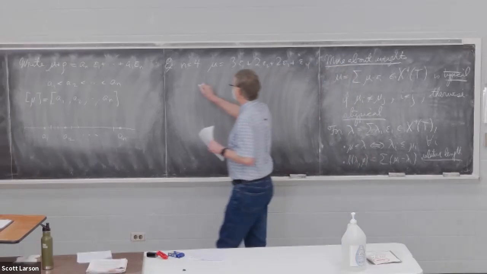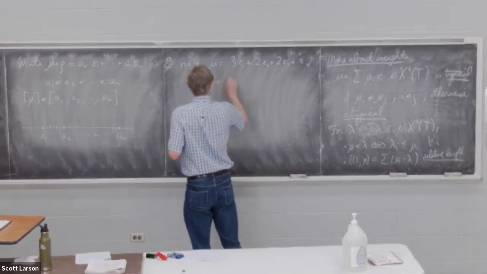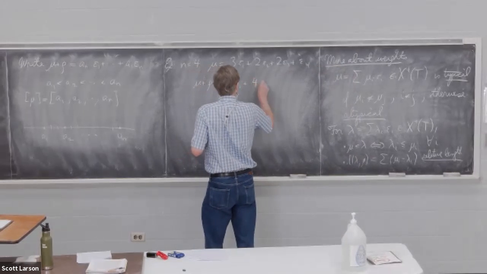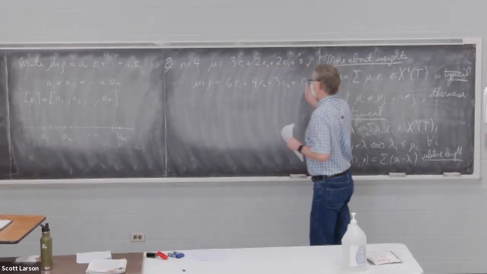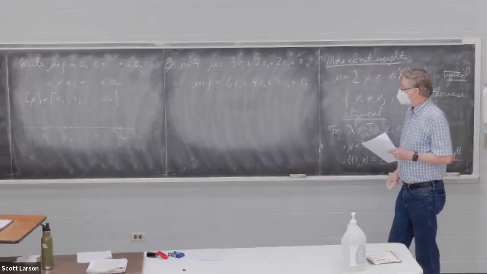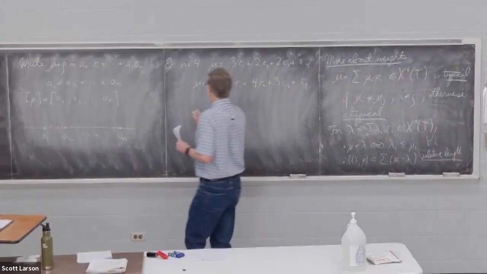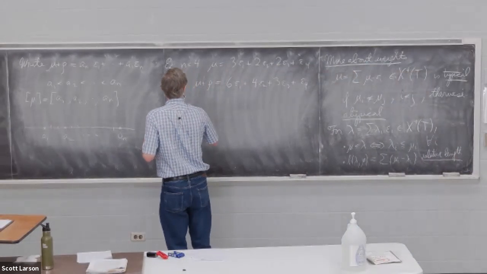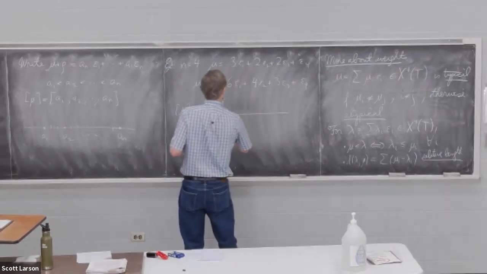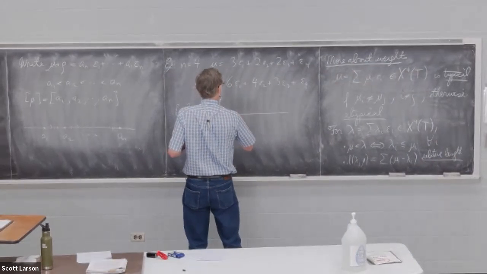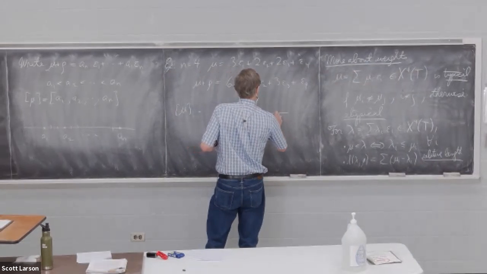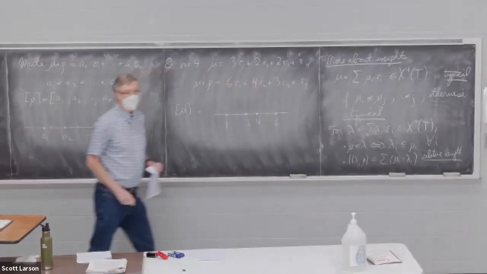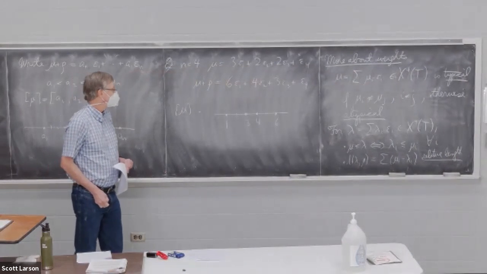So you add rho, you get mu plus rho is 6 epsilon 1 plus 4 epsilon 2 plus 3 epsilon 3 plus epsilon 4. So this diagram has a dot at 1, 3, 4, 6. So that's the weight diagram.